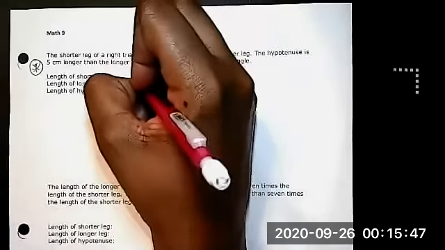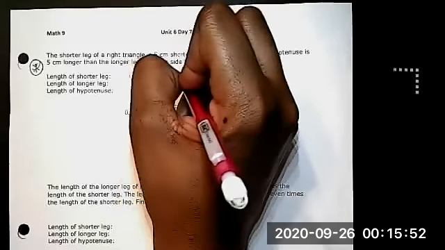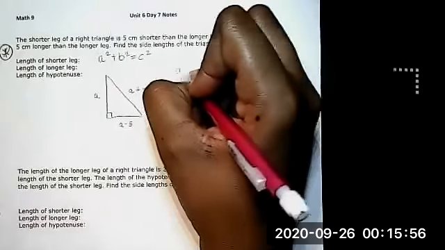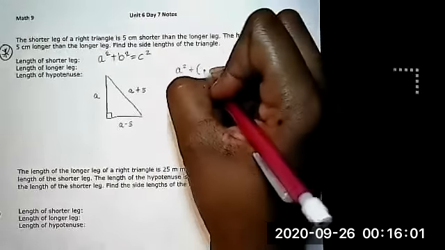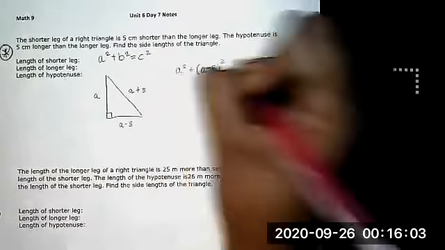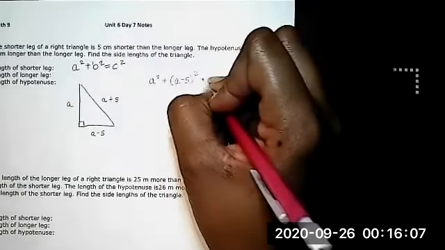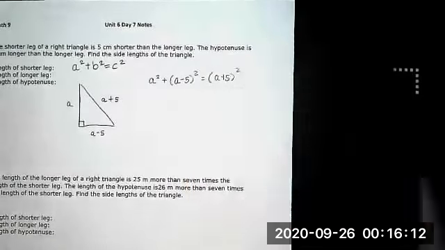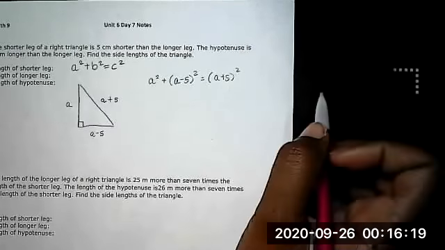And if the Pythagorean theorem is A squared plus B squared equals C squared, let's pull this all together. This is going to be A squared plus, in place of B, A minus 5 squared. And in place of C, A plus 5 squared. Now we have to do all the work associated with that.